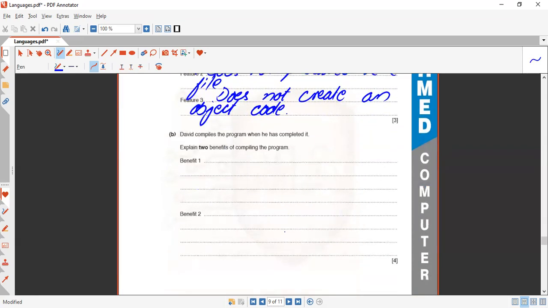David compiles the program when he completes it. Explain 2 benefits of compiling the program. The program can be run without a compiler.